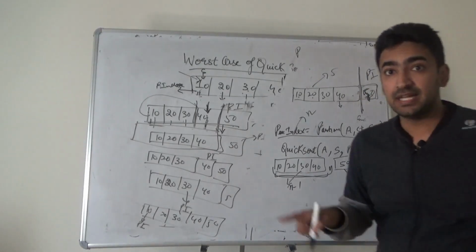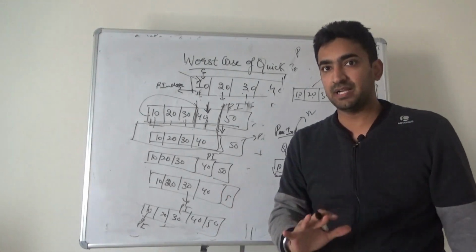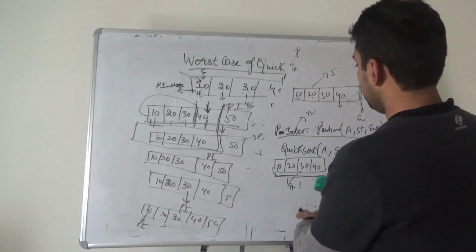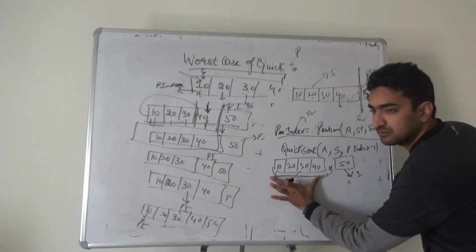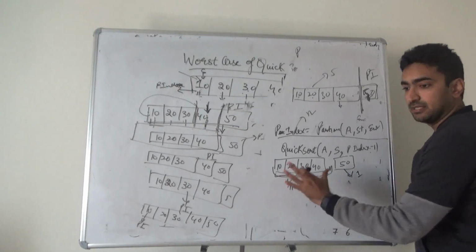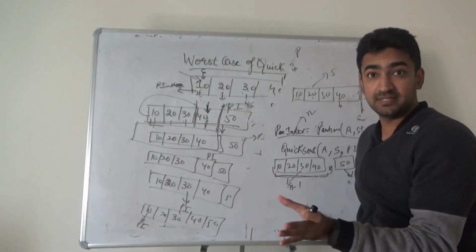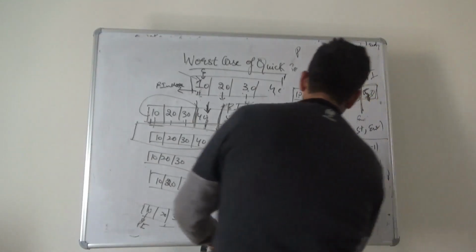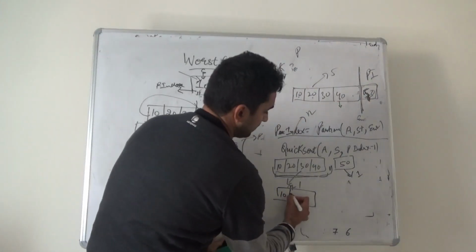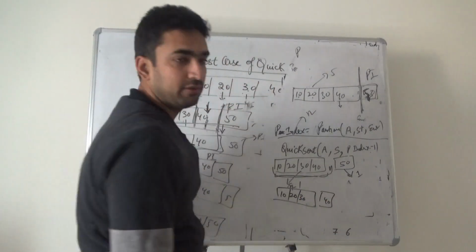So it means this process is getting reduced, not partitioned. Eventually, if I have to execute this particular statement, it will run n minus 1 times. Then again, if I try to divide this, I would get 10, 30, and then 40 would be another part.